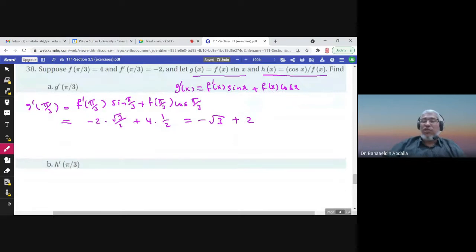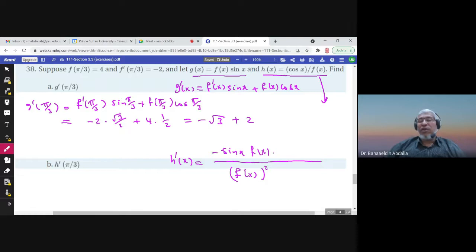H prime of pi over 3. Well, h is given here, and to find h prime, I need to use the quotient rule. So it would be f of x to the power 2, because f is in the denominator, and the derivative of cosine is negative sine x times f of x minus cosine x times the derivative of f, which is f prime of x.